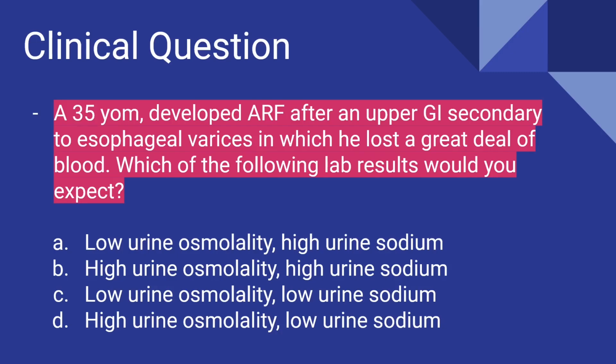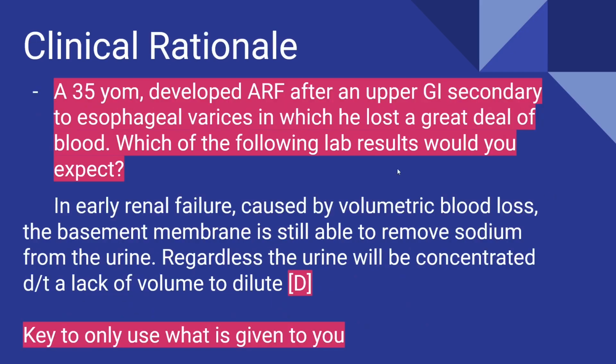So acute renal failure after a GI bleed. The key thing we're thinking about in this question is hemorrhagic shock. We've lost a lot of blood. So what that's going to be is a pre-renal failure. And in any kind of early pre-renal failure, we know that the basement membrane, those nephrons, are probably still functional and still able to remove sodium from the urine.